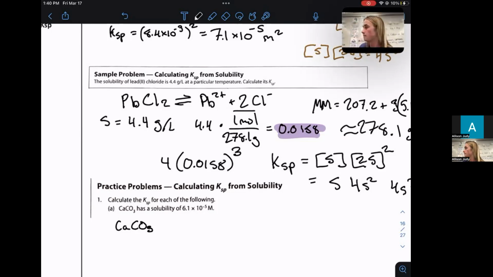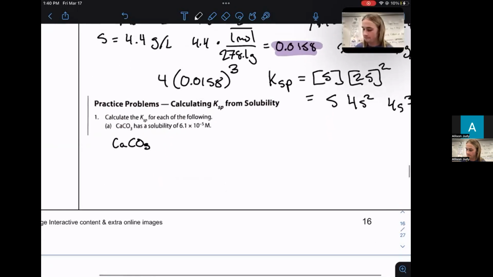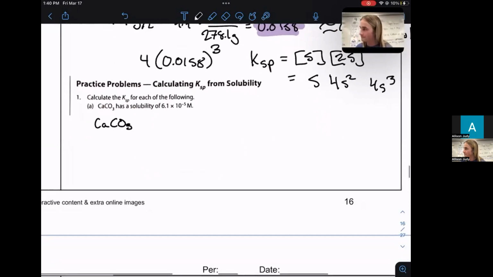Yeah, but that's why we square. No, we square it because its effect on the equilibrium is twice as much. So you have to multiply by 2 because you have 2 of them present in the compound. So when you square the constant, you have the actual concentration, 2 times the molar solubility of lead chloride to start.